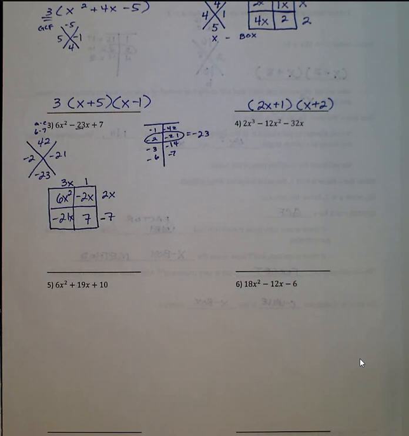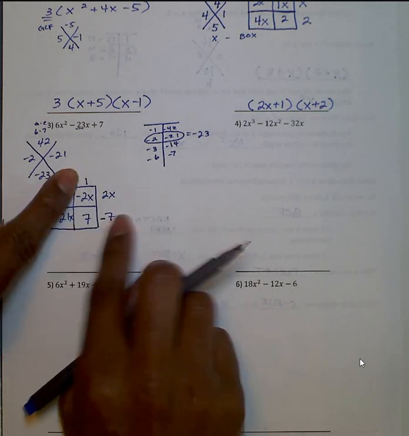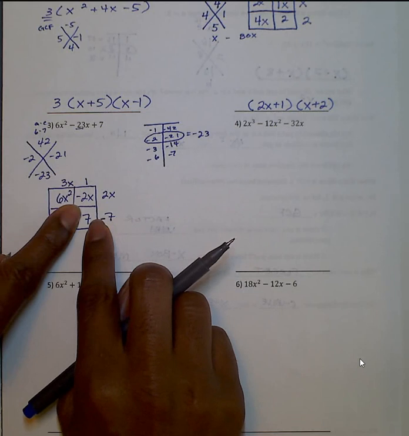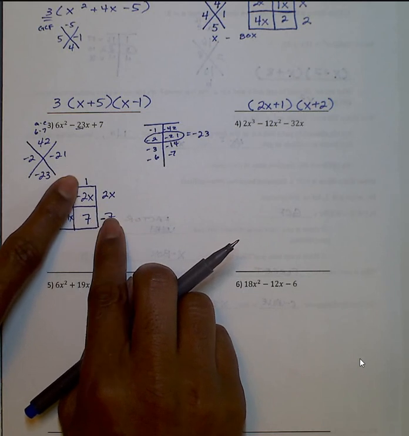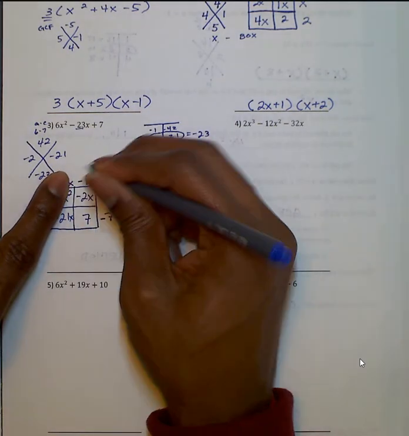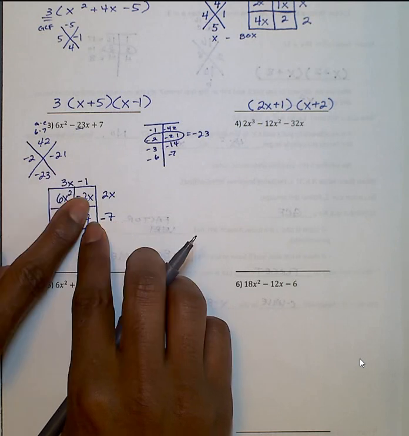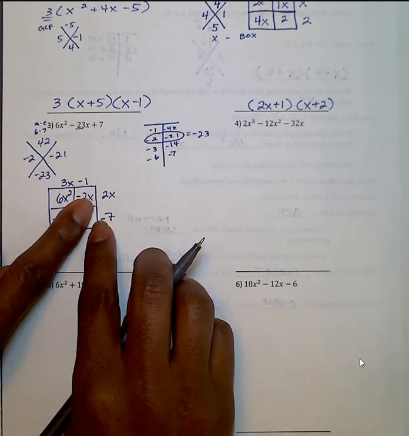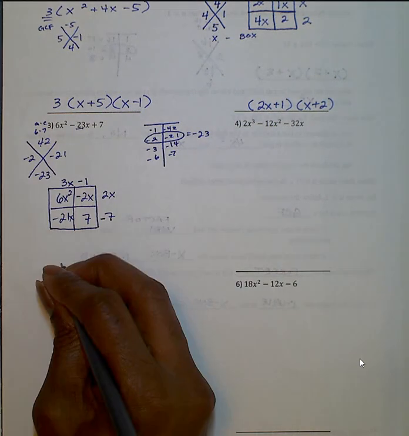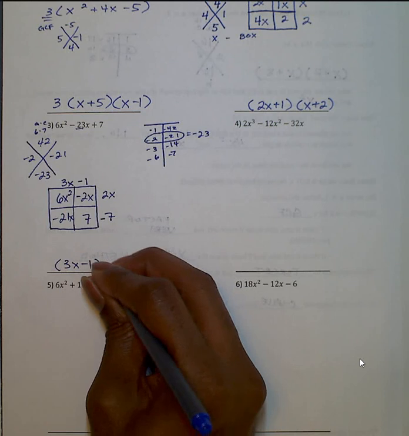Okay, now that fixes this box, but now it messes up this box. 1 times negative 7 is not 7. I need to change this. How can I make 1 times negative 7, 7? Well, I can make that true by changing this to negative 1. So I've got negative 1 times negative 7. And so now I have my two factors. 3x minus 1, 2x minus 7.